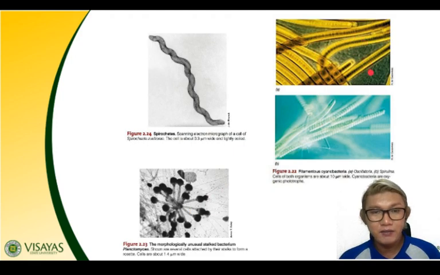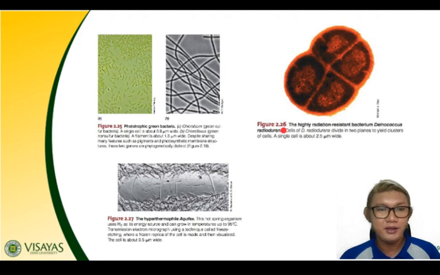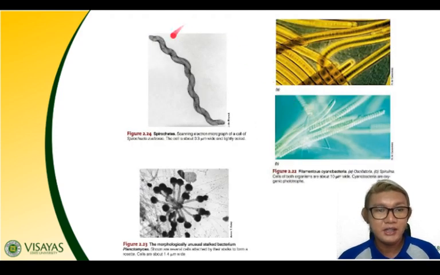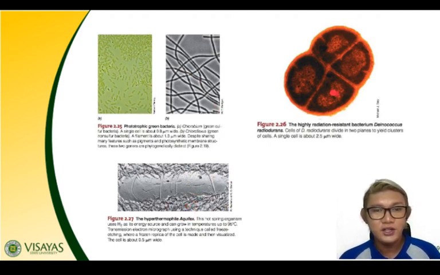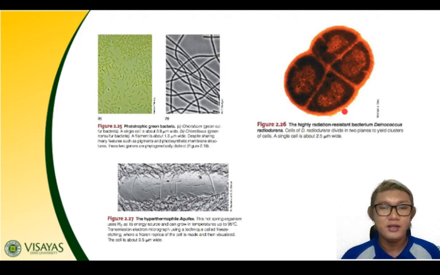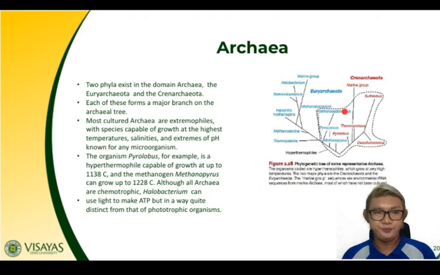Now, they can live on their own as single-cell organisms, but sometimes they form colonies or filaments. So these are filamentous bacteria, but this one here is not filamentous. It's just a unicellular bacterium. You have also here phototrophic green bacteria, a hyperthermophilic Aquifex, and this is a highly radiation-resistant bacterium called Deinococcus.